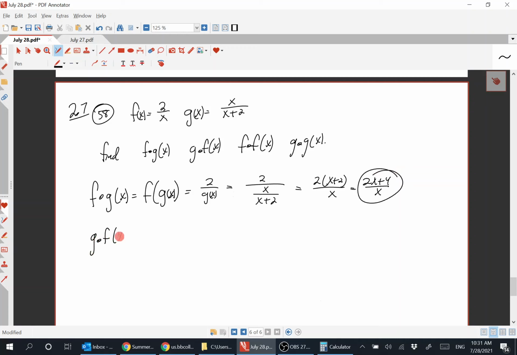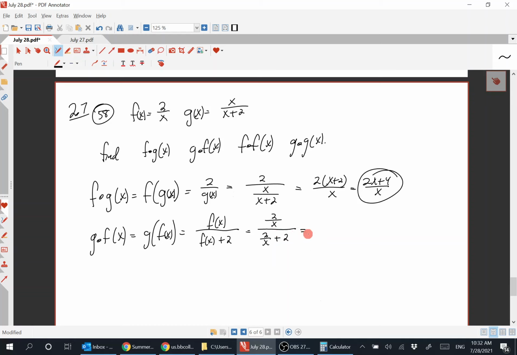g following f. Right, so what is g? g of x is x over x plus 2. So g of f is f over f plus 2. What's f? 2 over x. That's fine as an answer right there.